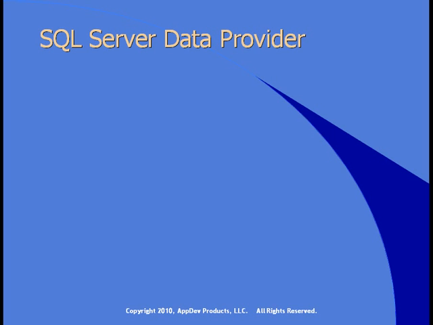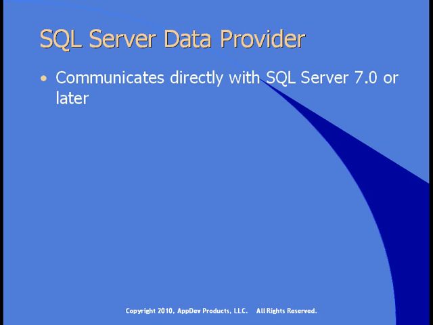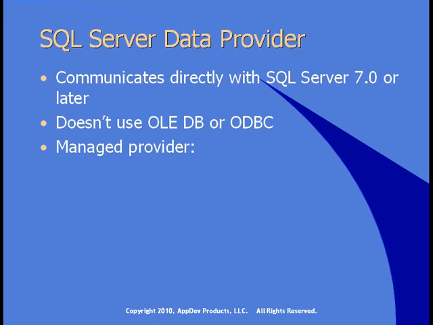For example, the SQL Server data provider, that's the SQL Client namespace, communicates directly with SQL Server 7.0 or later. It doesn't use OLEDB, it doesn't use ODBC, it's using native SQL Server APIs. It's a managed provider, which means all its code is written using the .NET framework from front to back. Any place you use the SQL Client namespace, you're using managed code.